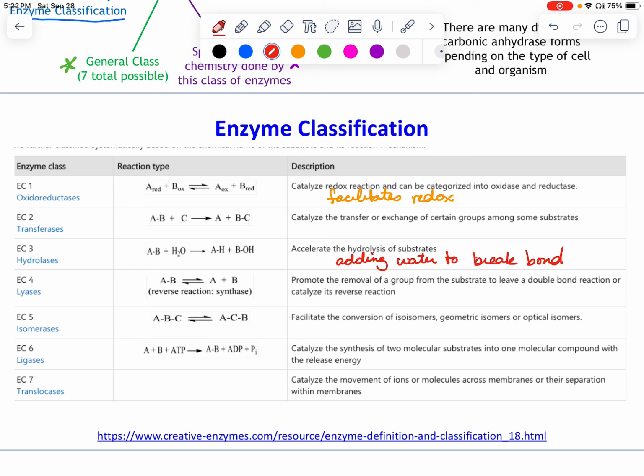Lyases, we're talking about breaking or making bonds. Isomerases, we're talking about essentially moving the order of attachment.